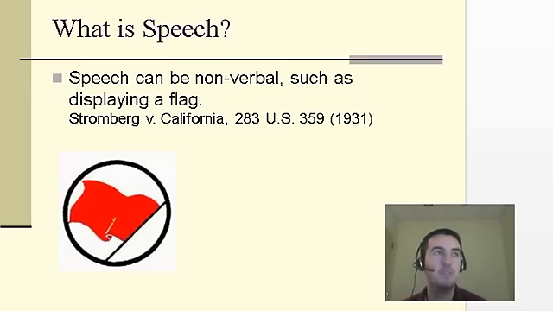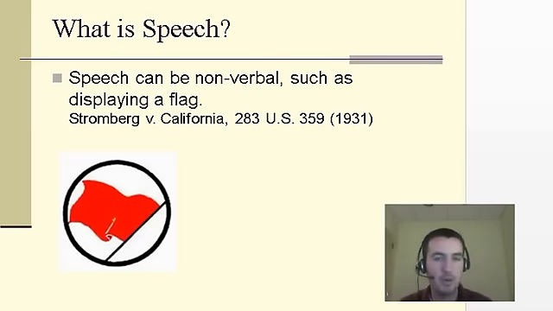Speech isn't even just saying things. Speech can be nonverbal as well. For example, there was a court case, Stromberg versus California, where somebody was holding up a flag to represent their ideas and their opinions about something. The flag itself, just holding it up, is seen as freedom of speech.